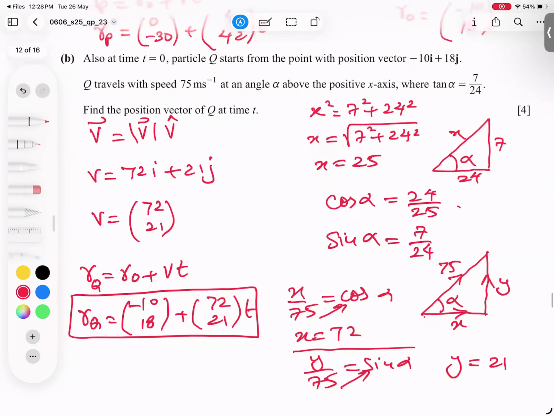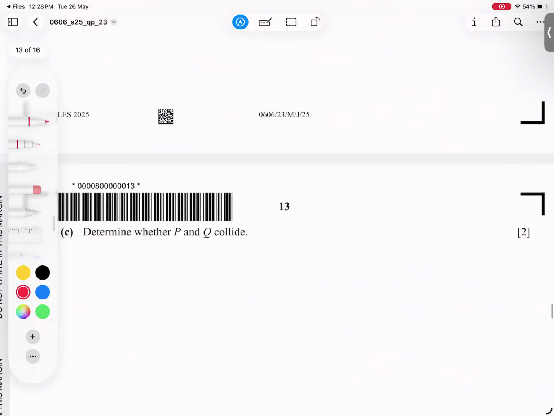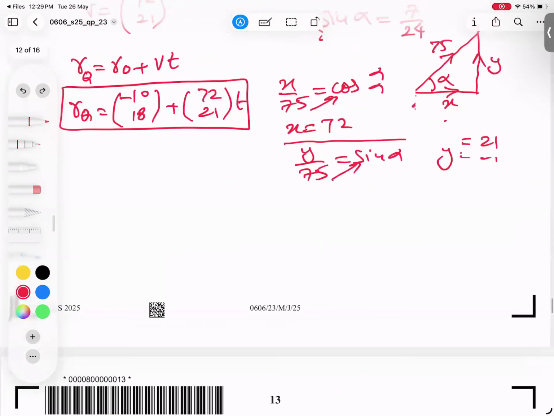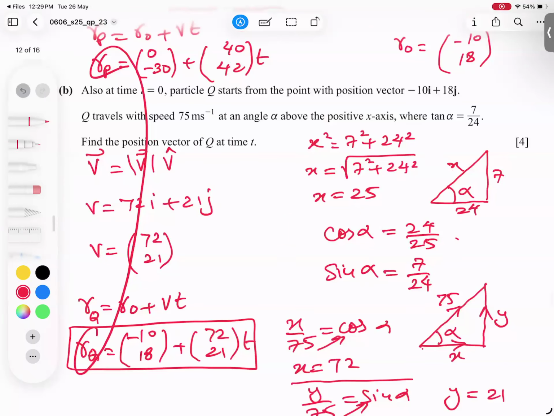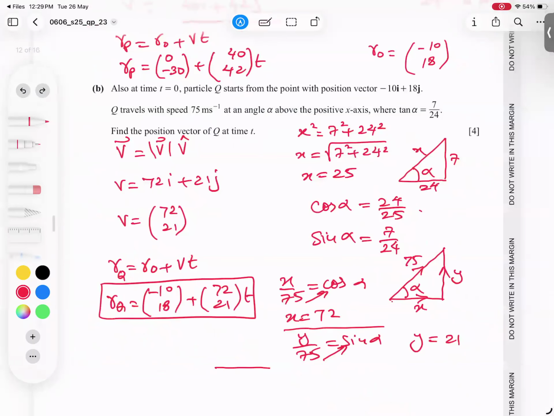Second and last part here: determine whether they collide or not. So collision is only possible if RP and RQ are equal to each other. So I'll put them equal to each other. I'll get two values of t. If they match, it means they collide. So let's try to do it here. This equation, I'm copying it here, but I'm simplifying.